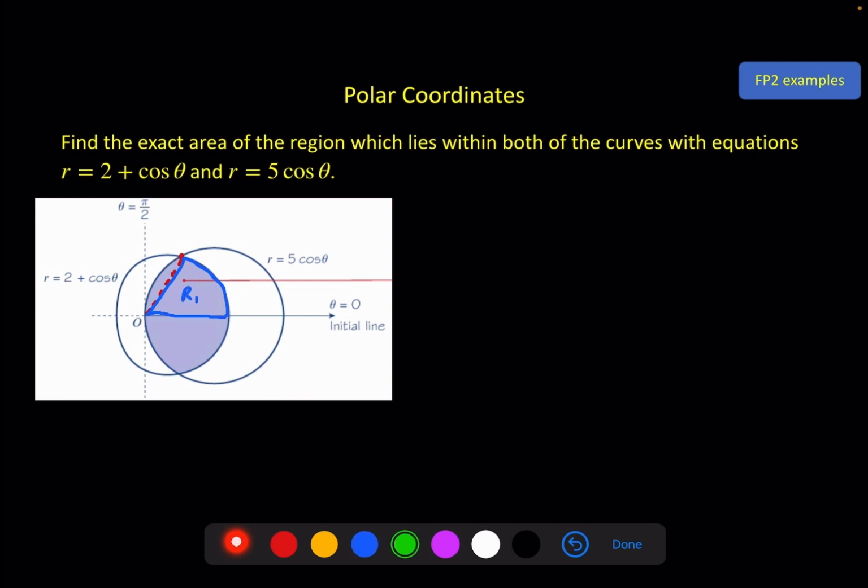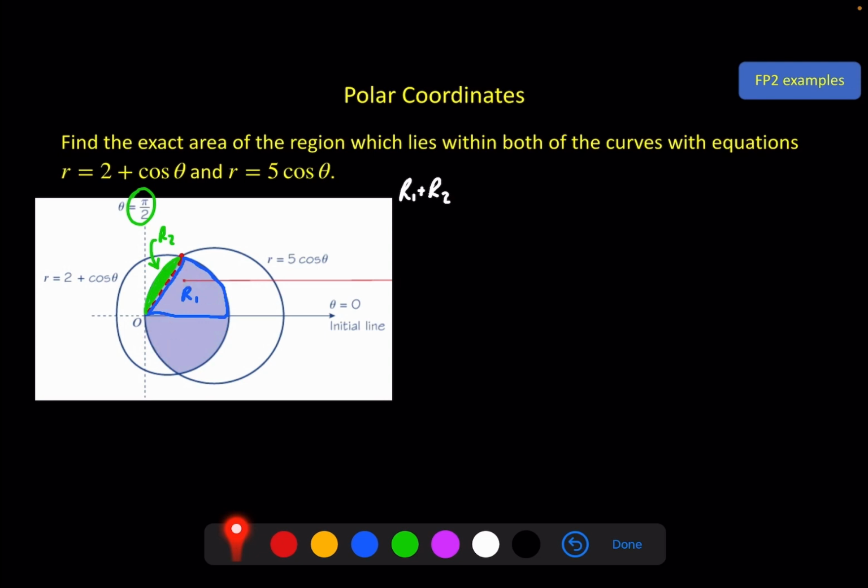And then from this intersection point on the other curve, r equals 5 cos theta, around to the line theta equals pi by 2, to get this region in green, which I'll call r2. Then we add r1 plus r2 to get this whole bit here, multiply that by 2 to get the full area. So I'll start by writing r1 plus r2 equals, and then later when I double that, I'll use a for the full region.